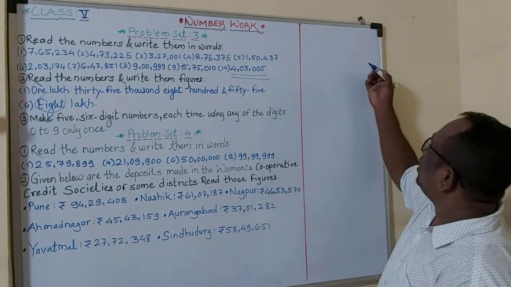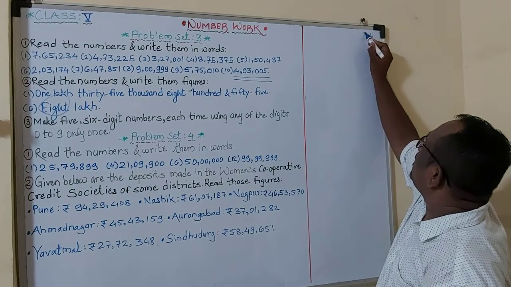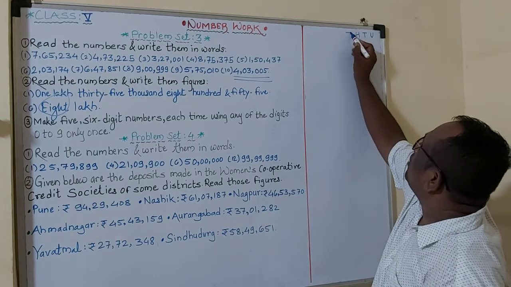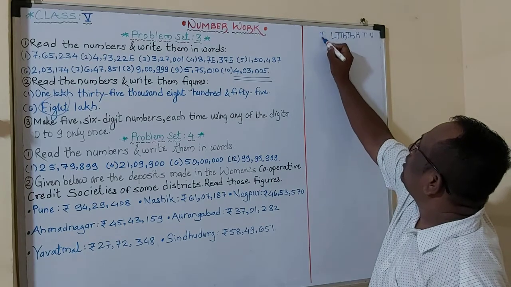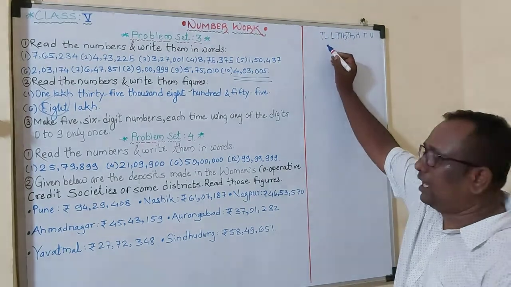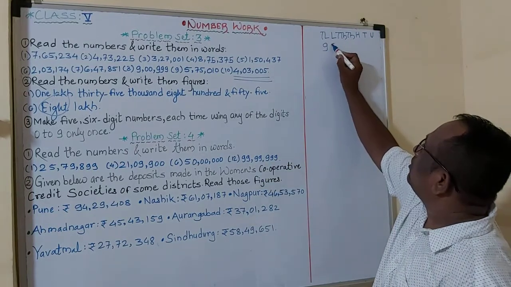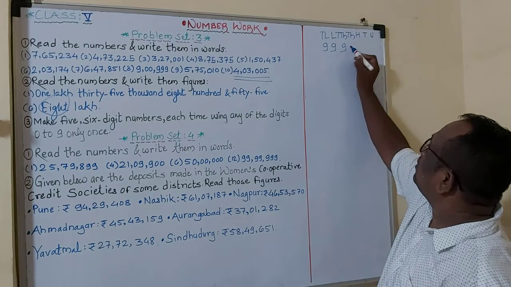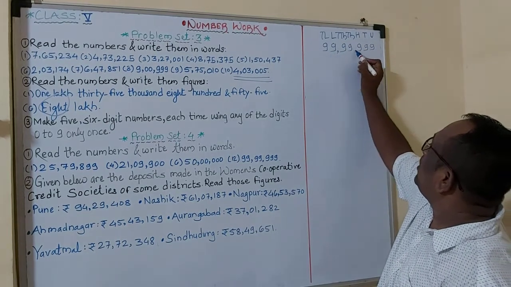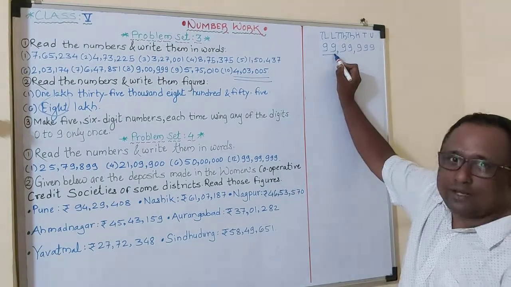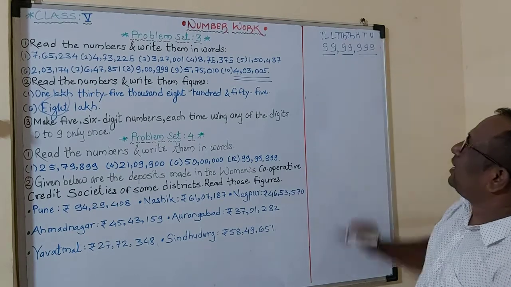The first example is here, I'll choose this one, the 12th. Again, unit place, 10 place, 100, 1000, 10,000, lakh, 10 lakh. TL means 10 lakh. So 99, then again 99, and again 999. So here the comma means 99 lakh 99,999.